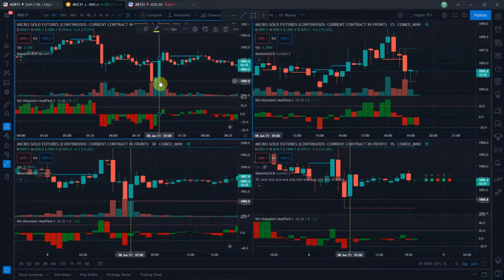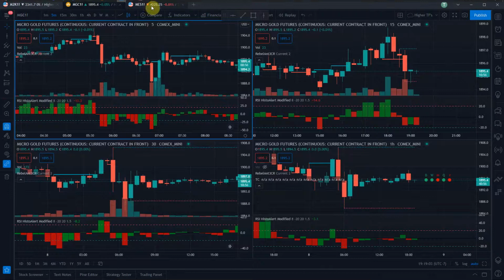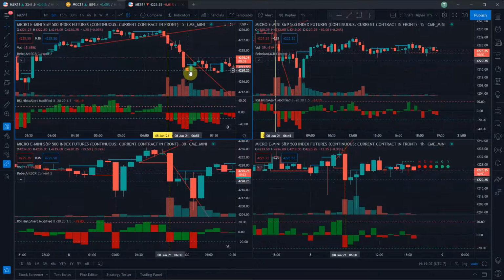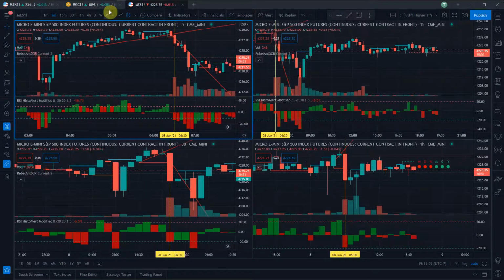That's a shallow reversal. A deep reversal is what we had over here on MES, where you can see on the RSI 54, this 54.56, that's pretty extended. That's getting into some really high or low RSI numbers.